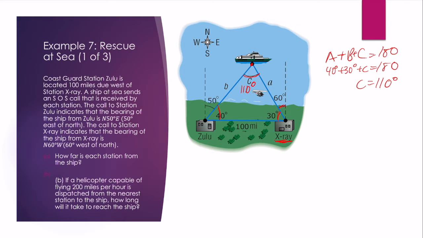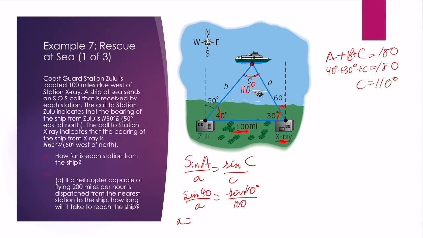Now I really needed to figure out C because the side opposite C is the only length I knew. So I know sine of A over A equals sine of C over C. That gives me sine of 40 over A equals sine of 110 degrees over 100.